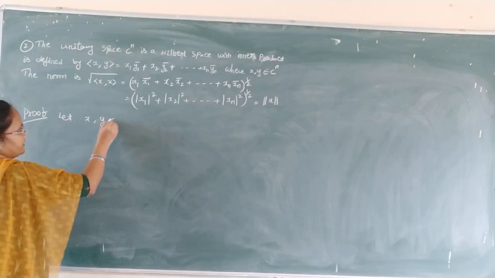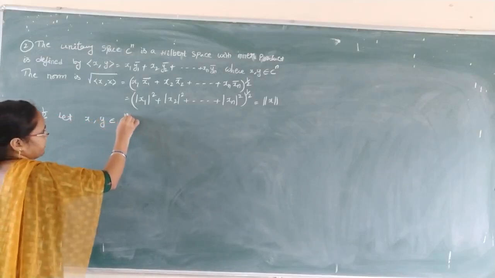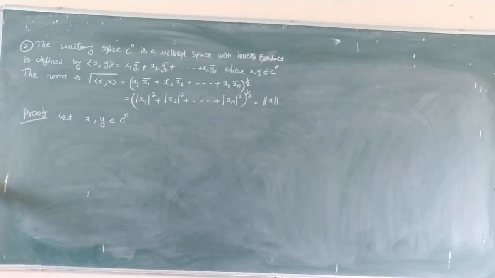Let x comma y belong to C power n. Here not only two variables, we want three.